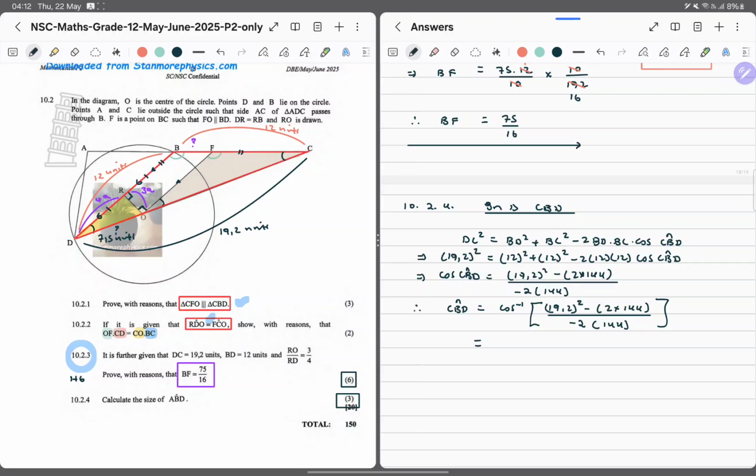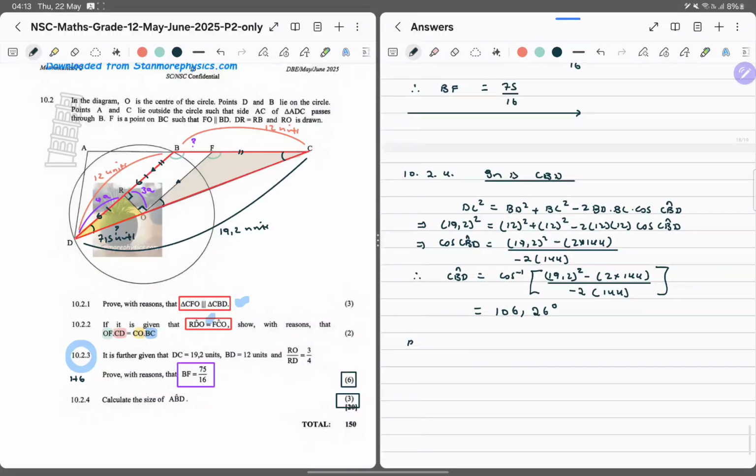So this is 106,26 degrees. Of course, at this point, this is how it is.